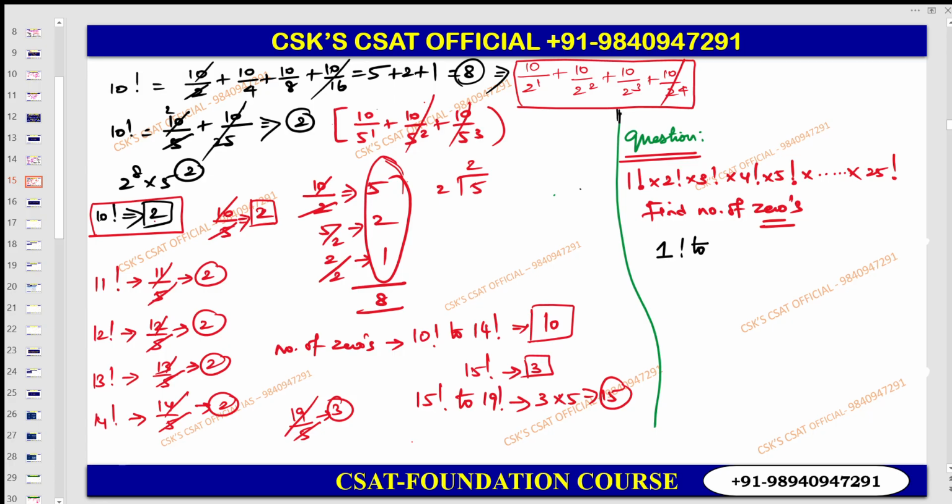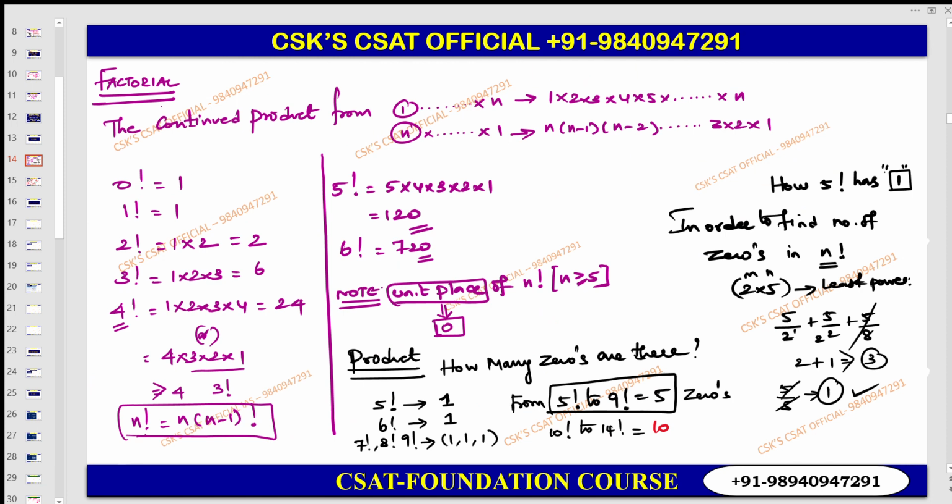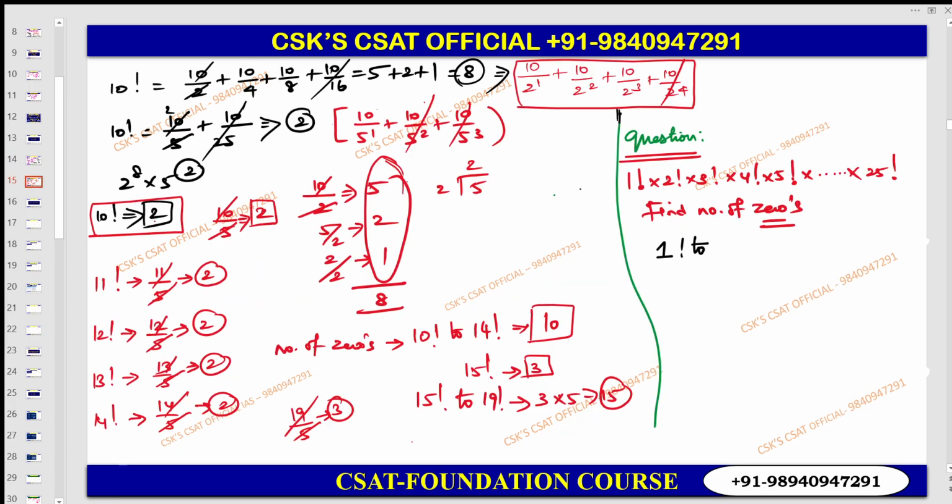Guys, understanding, you need to know these things here. 5 factorial onwards only zeros start. So 1 factorial to 4 factorial, no zeros.